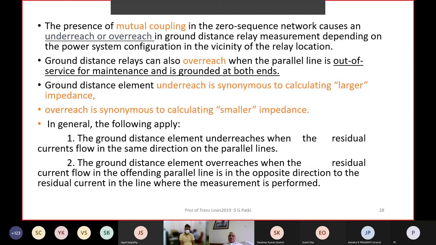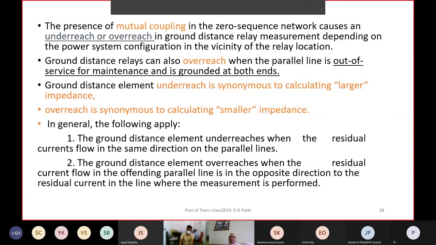Or you take the neighboring line current and give that as an input to the distance relay of line 1. So line 2 zero sequence current is fed into line 1 relay, so that it can do the zero sequence compensation correctly by actual measurement of the current. It again has certain issues, so that feature is not really used in our applications for the protection, but it is certainly used for a distance to fault algorithm.